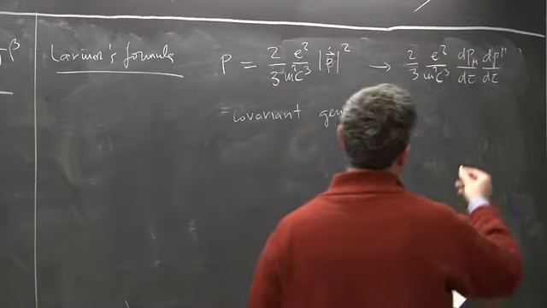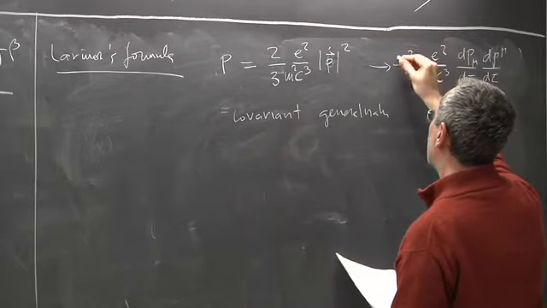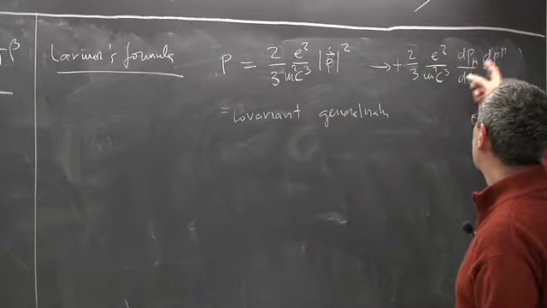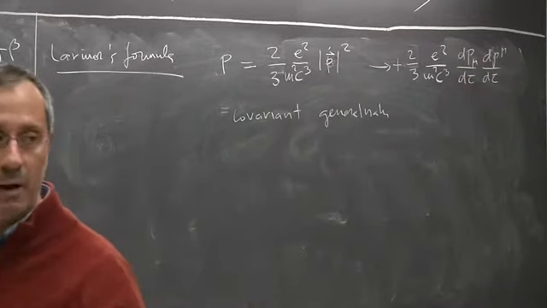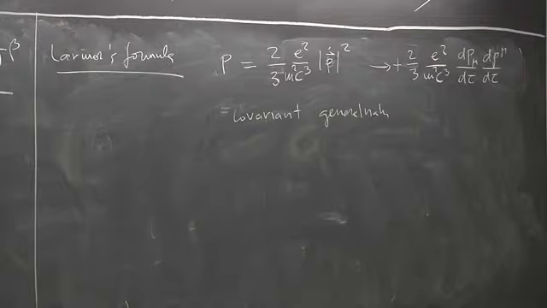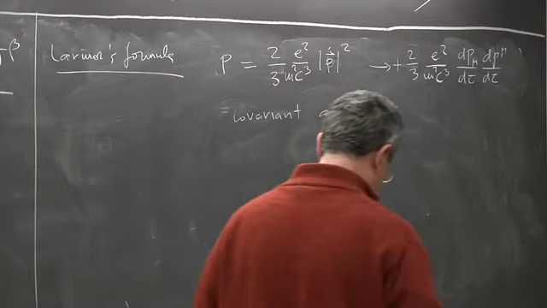And depending on the signature, you put a minus here or you don't put a minus there, depending on the fact that p square is minus or plus. Okay, the signature of your metric.